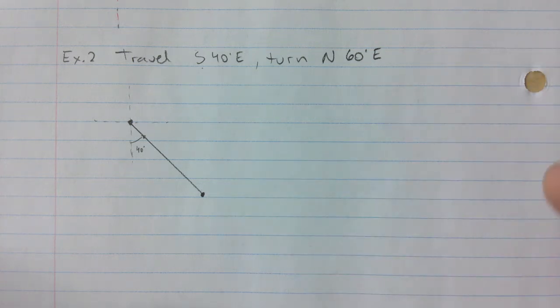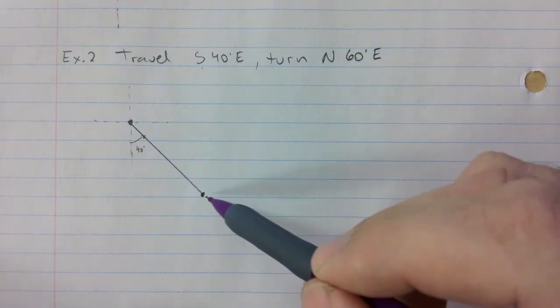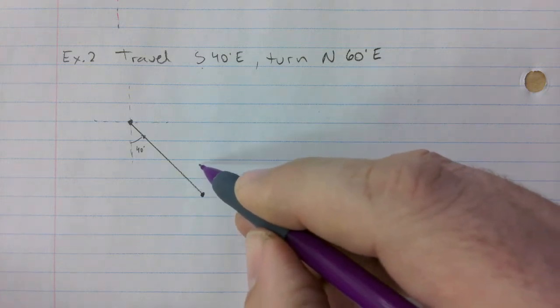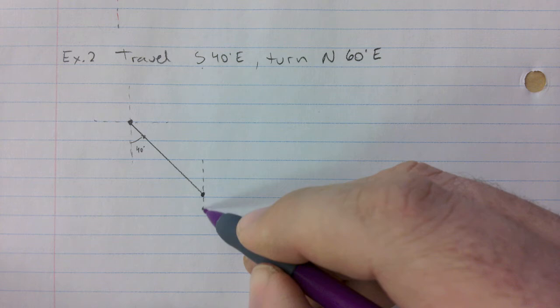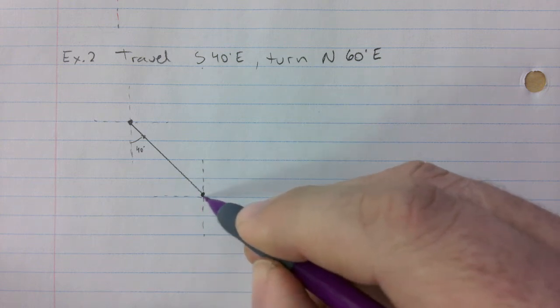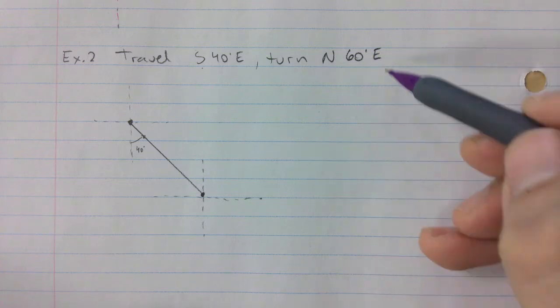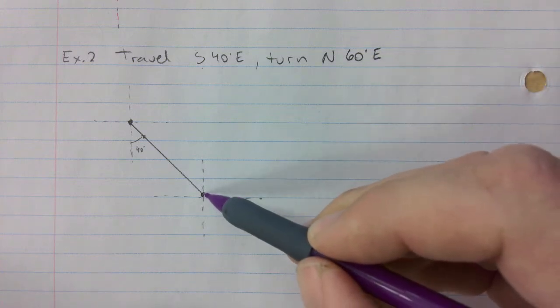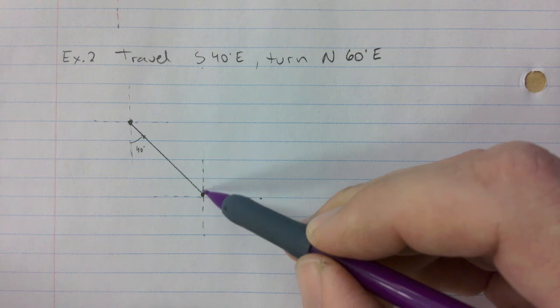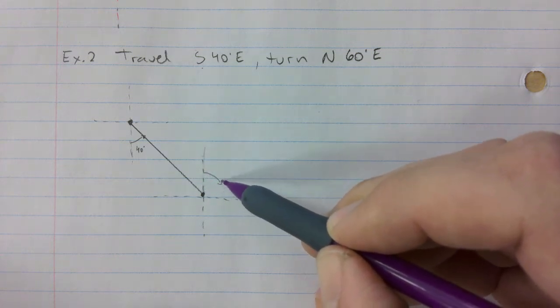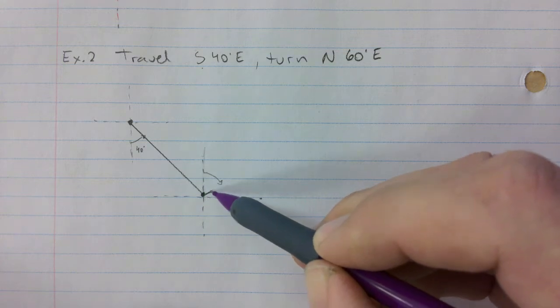But if not, you know your direction and you just make it stop at one point. And now it says north, now you're turning. So here, you do one of these again, and it's north 60 east. So north is here, and we're going to go 60 degrees from there towards east. And you draw your line there.